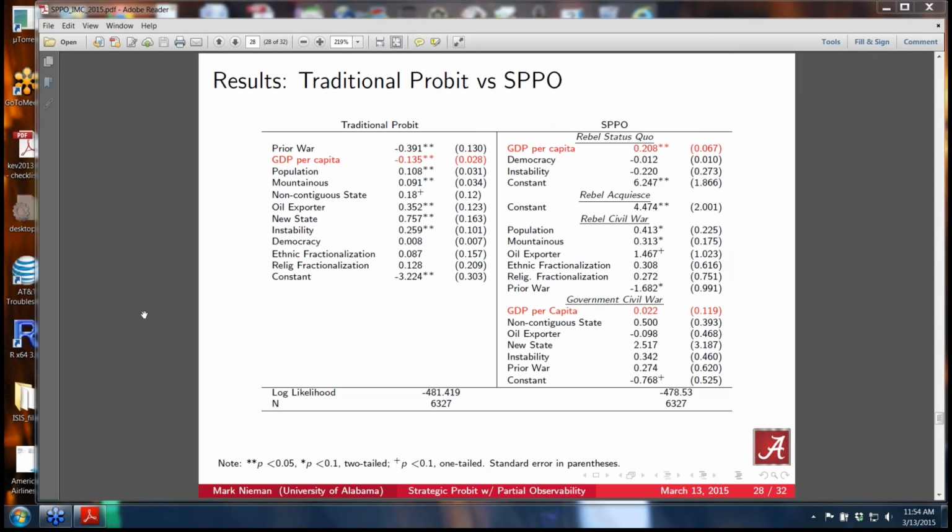The benefit of this model is that you can at least attempt to do that. You could have missing data on certain steps in the overall strategic model, and you can still probabilistically estimate those, as opposed to the current strategic Probit setups that require you to have data on each actor choice at each stage.